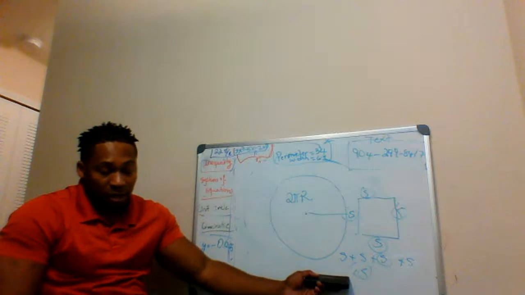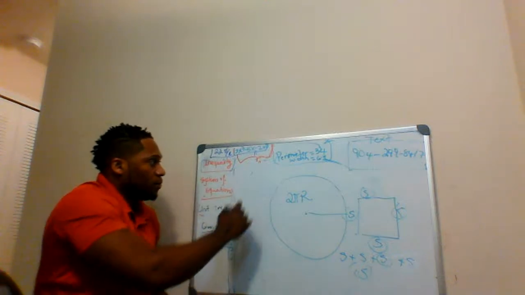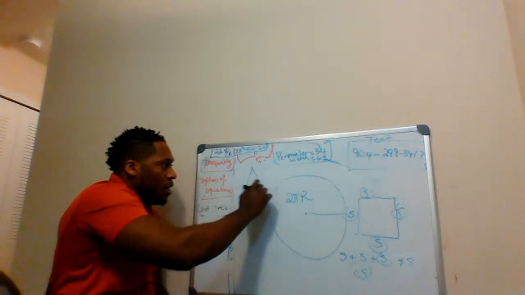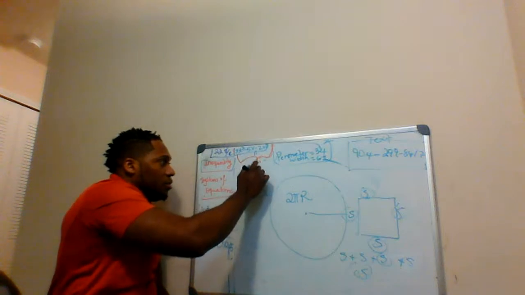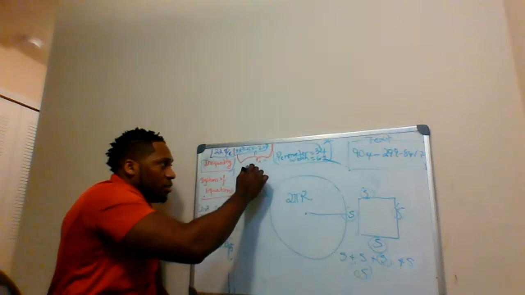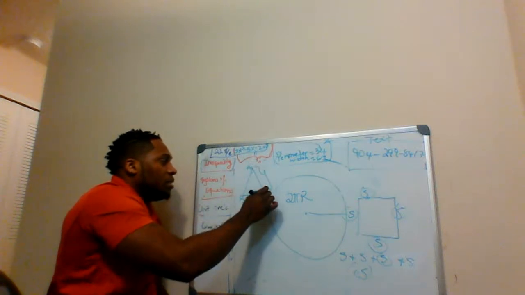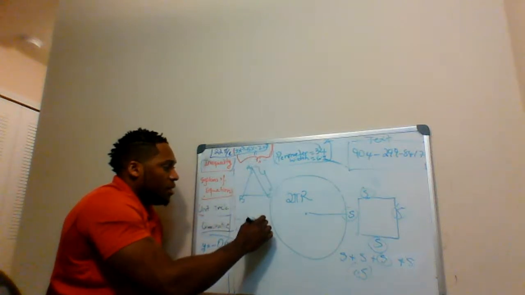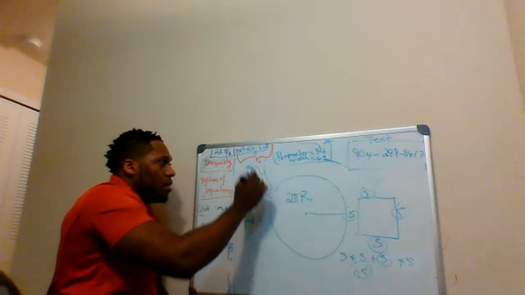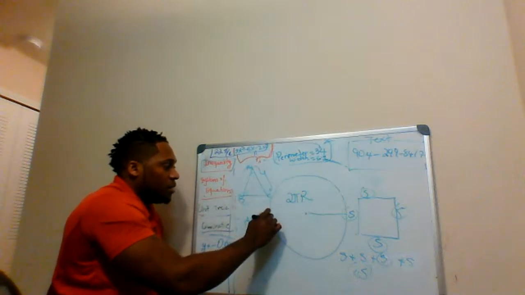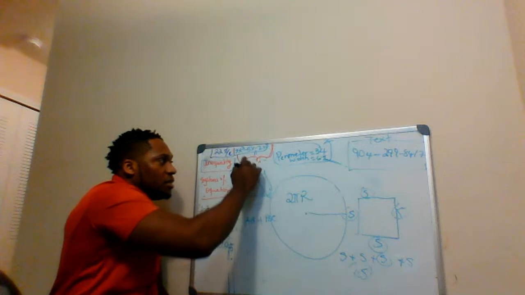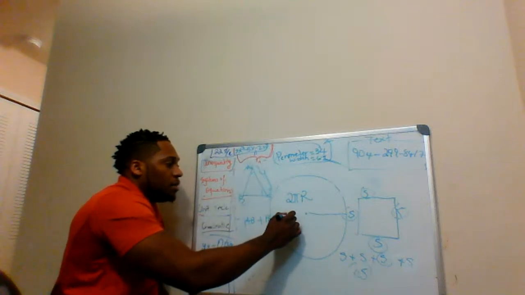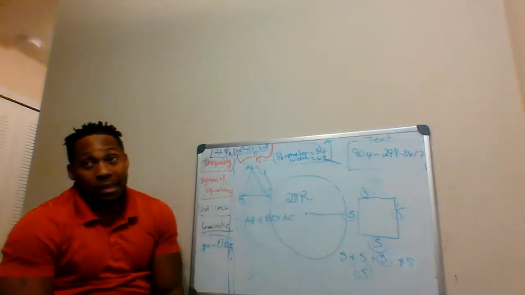For a triangle, it doesn't matter what the shape of the triangle is. If I call it ABC, it's AB plus BC plus AC. Add them up, and that's the perimeter.